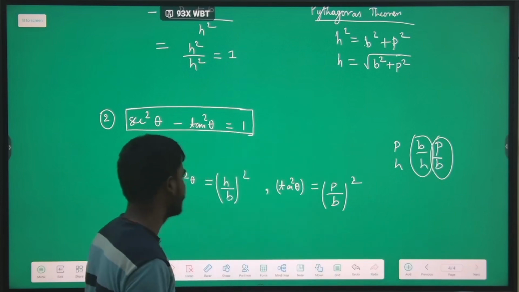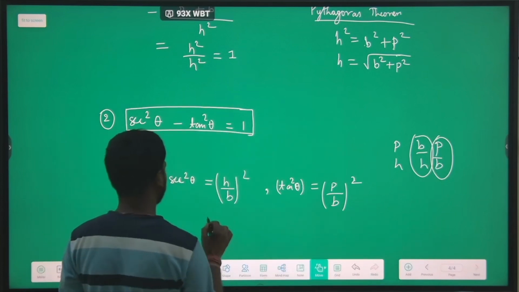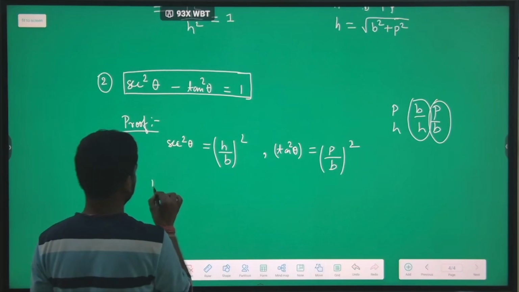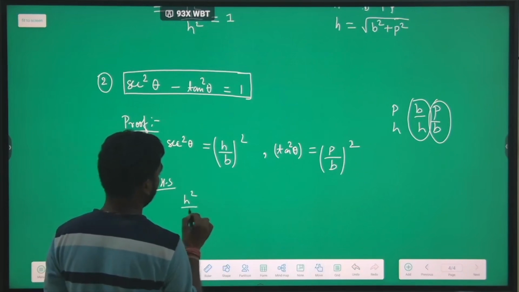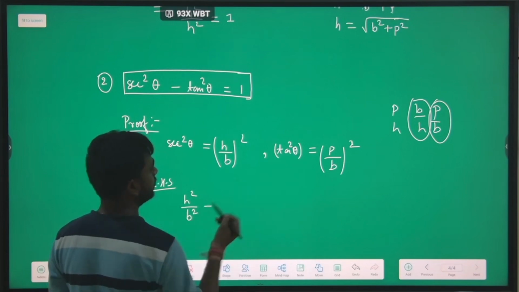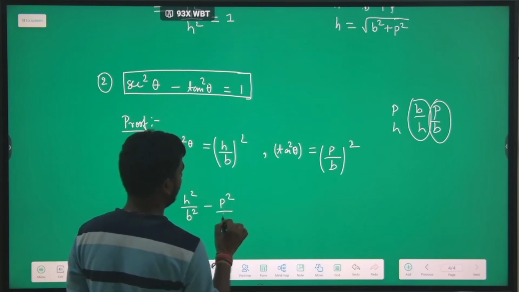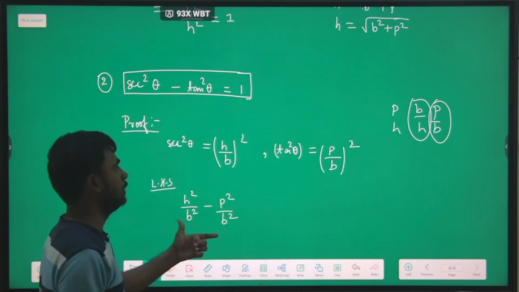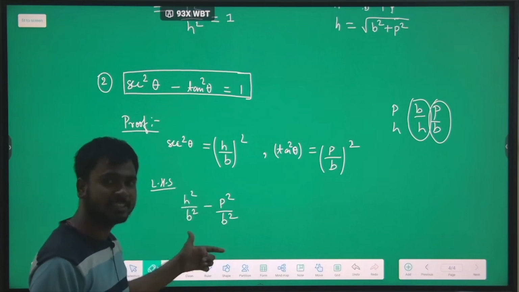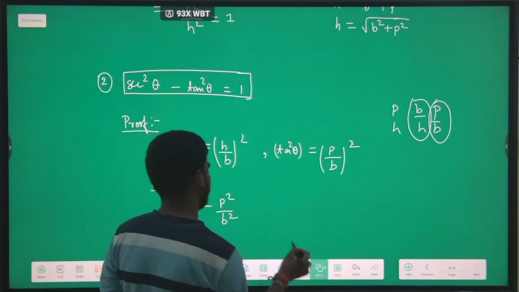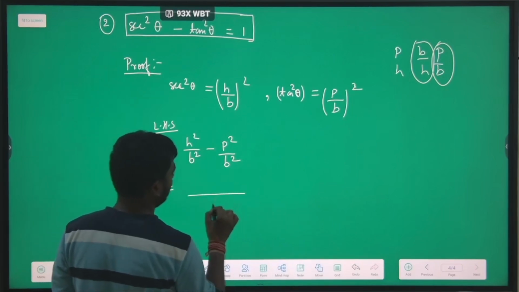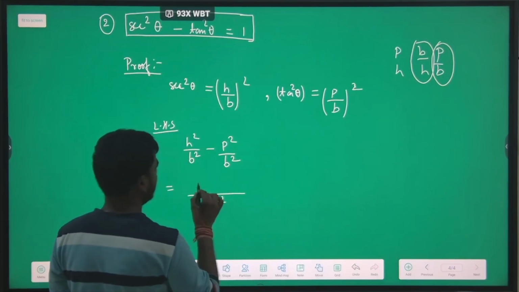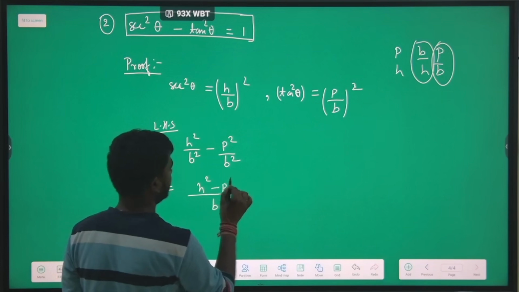Okay. So what we get for LHS, sec square theta is h square upon b square minus tan square theta is p square upon b square. So it is our LHS. Now here b square will be taken as LCM. So in the numerator it will be h square minus p square.